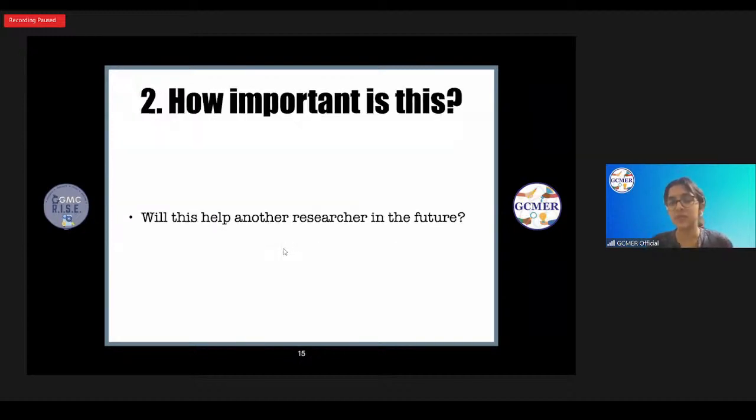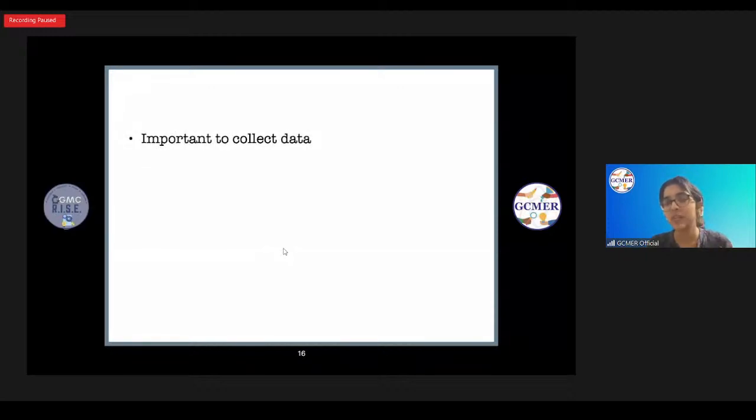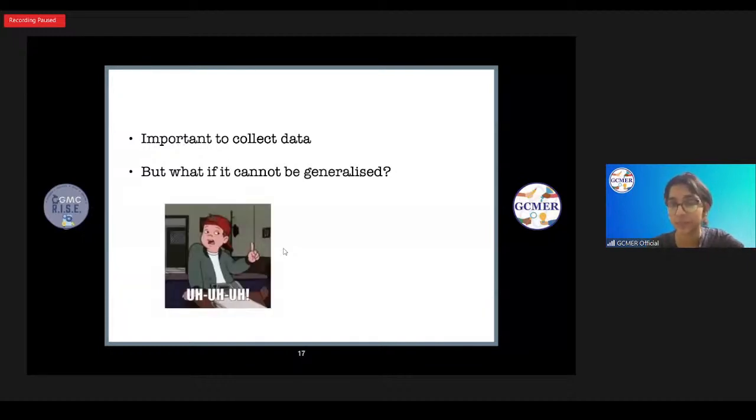Now, when we talk about this research and data, it's very important to collect data, right? But what if it can't be generalized? Which is what I meant by replicability, right? If you can't replicate research and it cannot be generalized, then your research is invalid, which is exactly why we have things like p-value. And a low p-value basically ensures that it's generalizable, right?